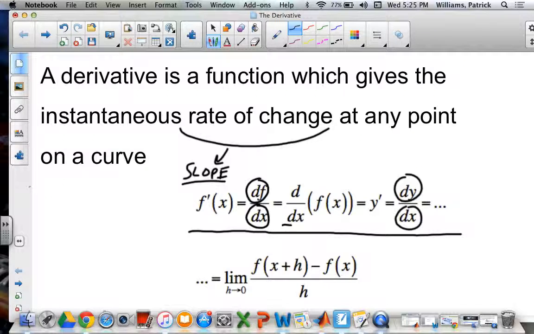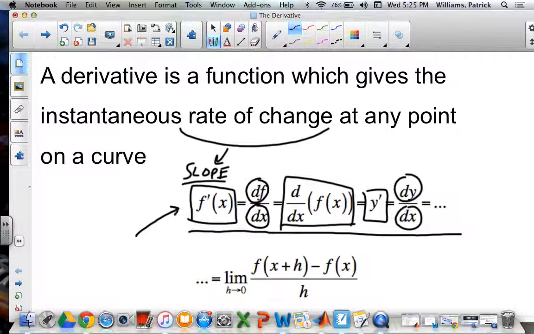Now, when we see it in this form right here, when we have d over dx and then something in parentheses, that means do the derivative operation, or calculate the derivative of the function f of x, okay? Now another way we describe derivatives is using this prime notation here and here. So if you see a variable with a prime over it, that also means the derivative.